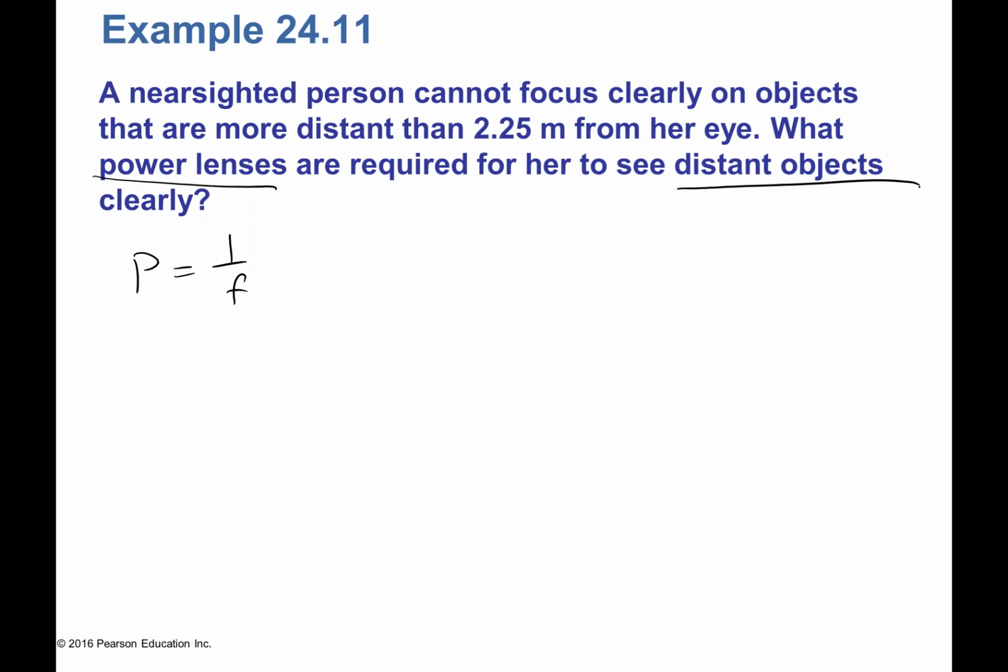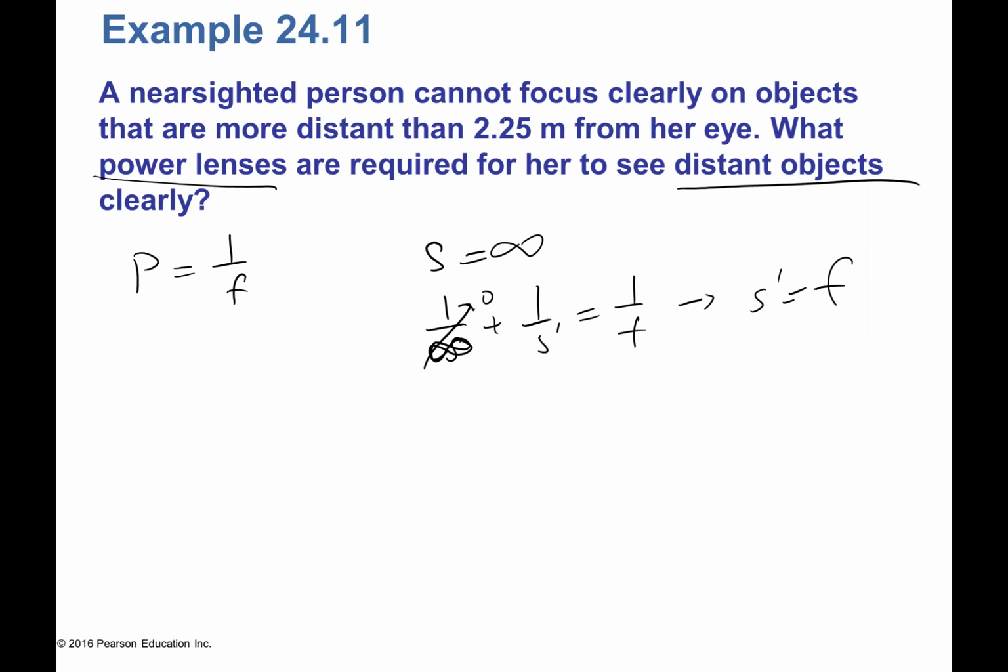Remember, distant objects are really far away, so for our purpose we can call them infinitely far away. Then 1 over s plus 1 over s prime equals 1 over f. If s is infinitely far away, then 1 over s is 0. That means s prime is equal to the focal length.